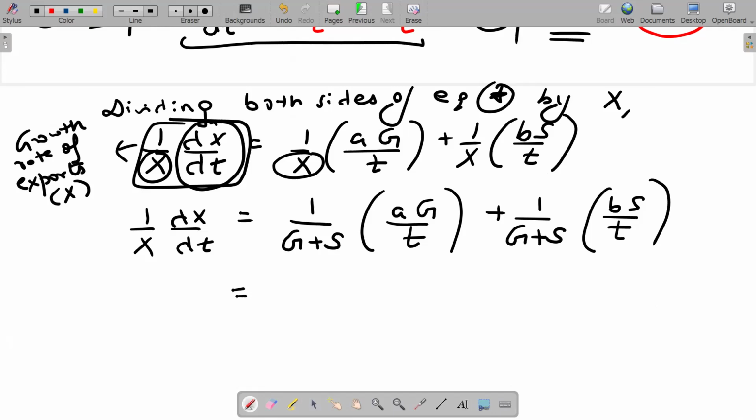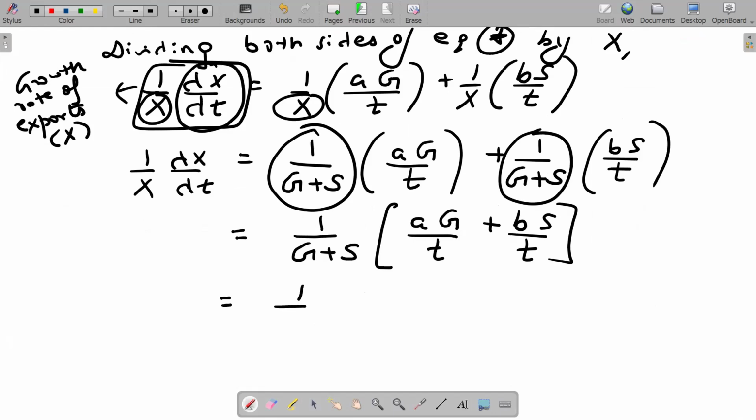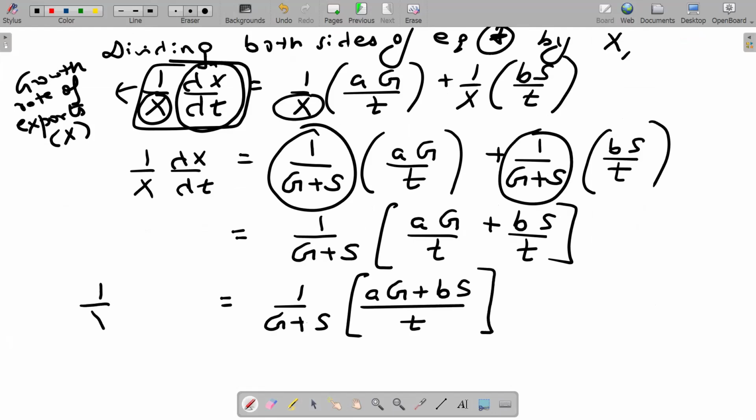So what do I get? I get 1 over g plus s times ag by t plus bs by t. I just took 1 over g plus s common. And now I can further write this as 1 over g plus s times, I can just take t common, I can write this as ag plus bs. So I get 1 over x times dx by dt as this.